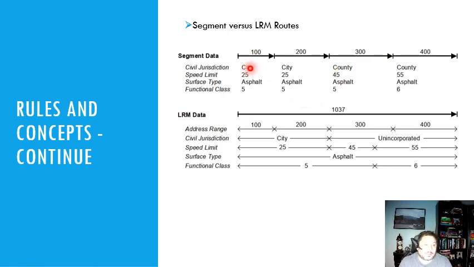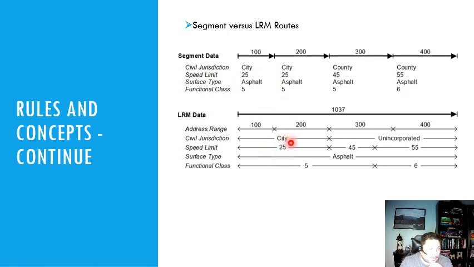You can see that in these two we have repeatable data. In the first one we have 25 miles, 25 miles. We have city, city, county, county. We have asphalt for all of them. We have 3, 5, 5 for functional class. And when you look at the LRM data, you can see that there is no repetition.